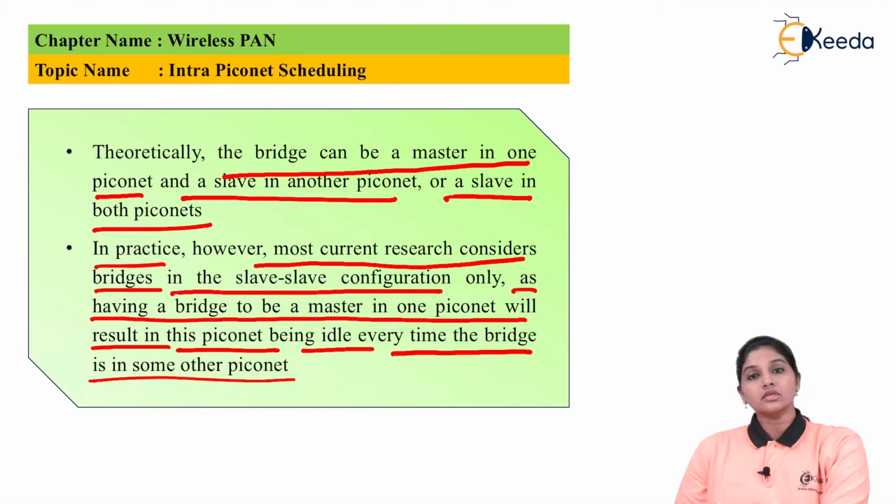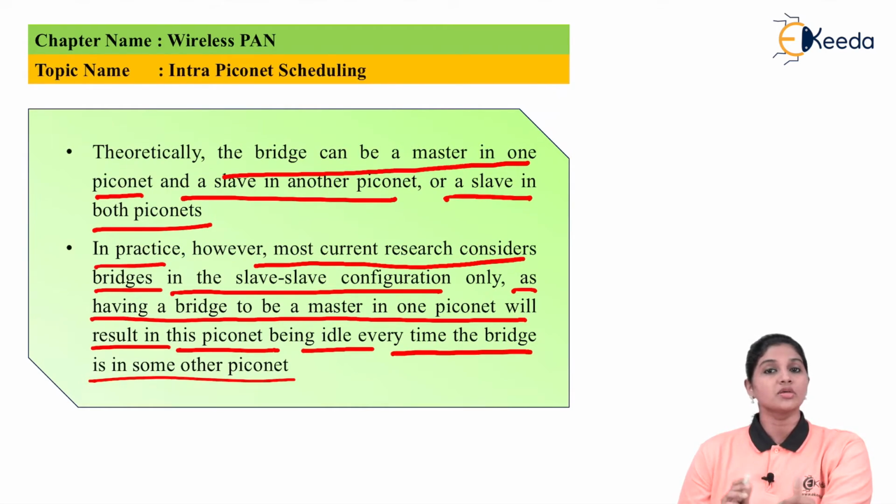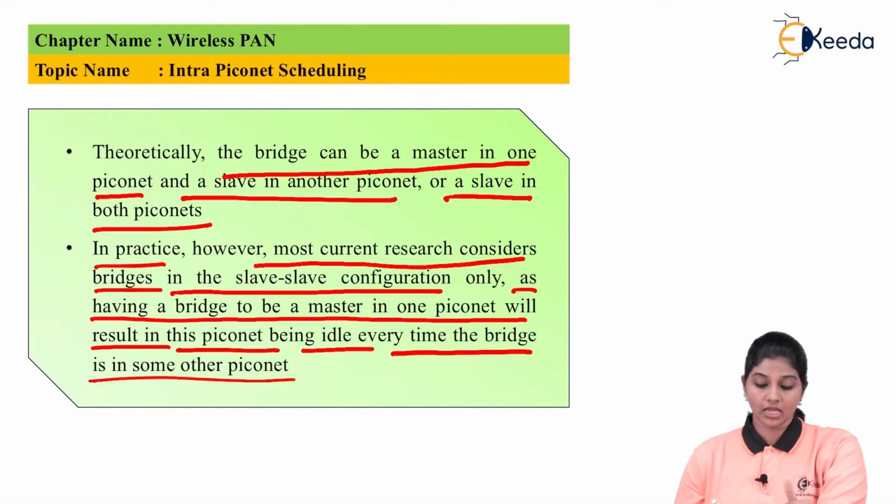So theoretically, it is possible to consider a bridge node as a master of one Piconet or as a slave of another Piconet, but practically, when we implement the network, it is not possible to do this. We only need to consider the bridge node as a slave for Piconets, because when the bridge acts as a master for a Piconet, it may sometimes be considered idle every time the bridge is in some other Piconet. That means when the bridge is performing some operation with another Piconet, the particular Piconet assumes that the bridge is idle and the network operation may not get performed.